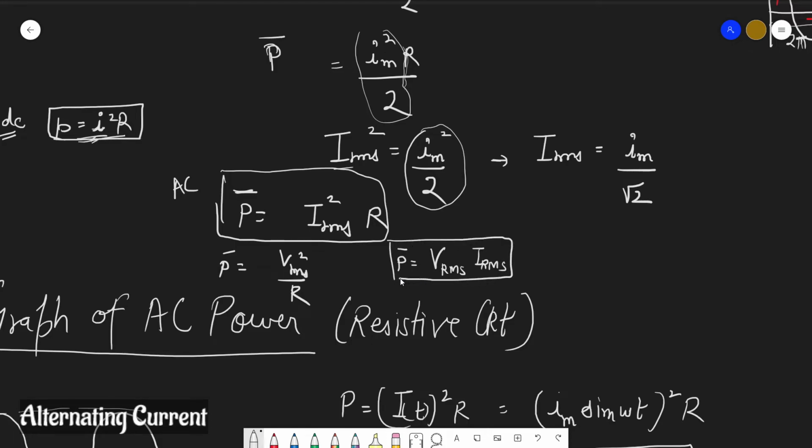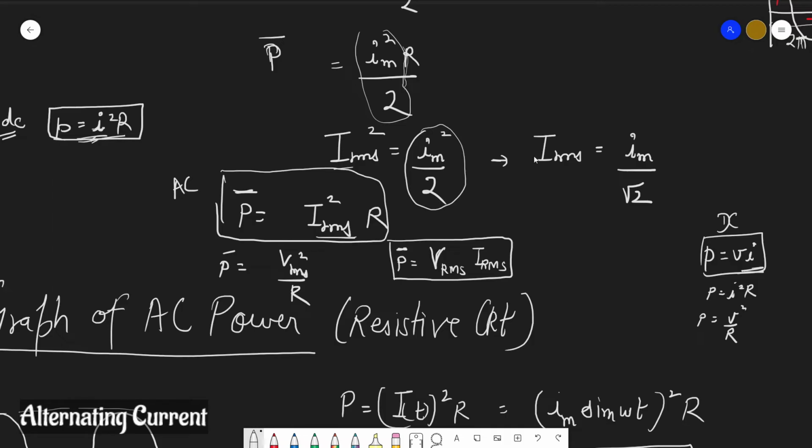I wrote this expression so that you can compare with the DC. In DC, if I denote by small p, P is equal to V into I, then in AC, average power is Vrms into Irms. In DC, if I say P equal to I square R, in AC, I say average power is Irms square R. Similarly, if I say P equal to V square by R in DC, I say Vrms square by R in AC.